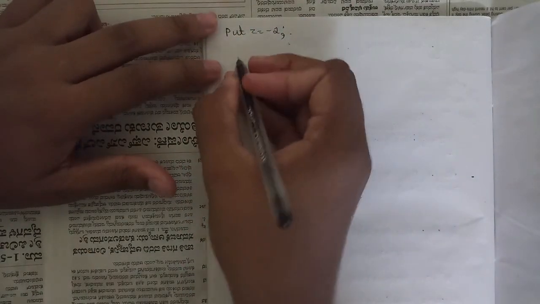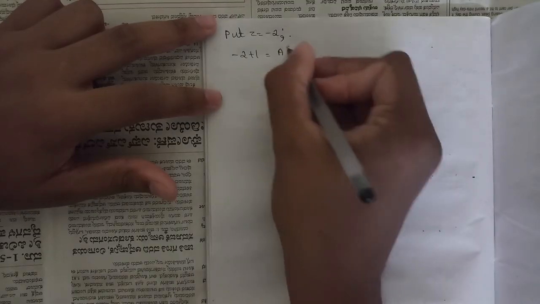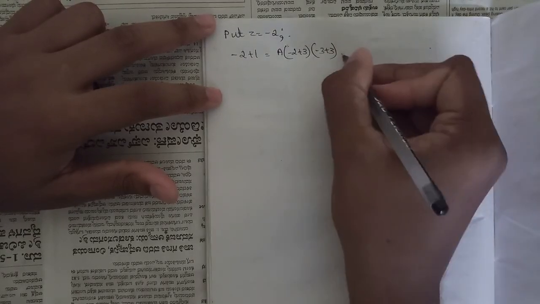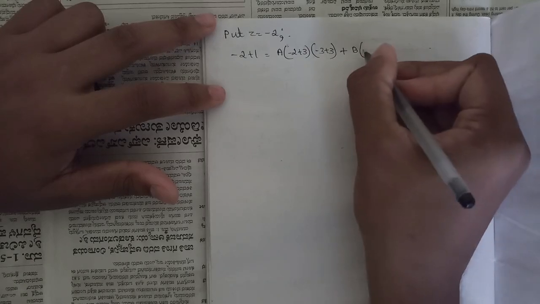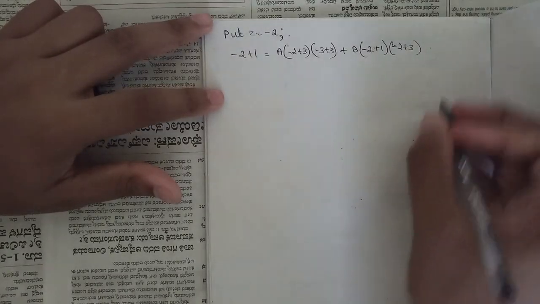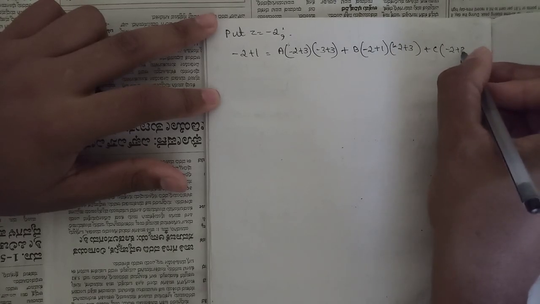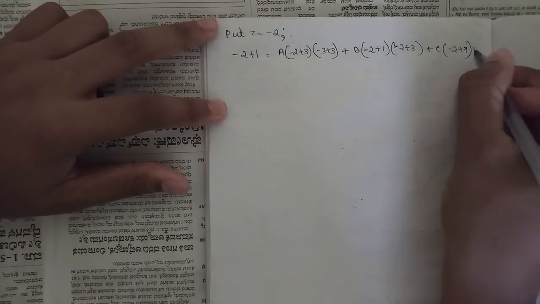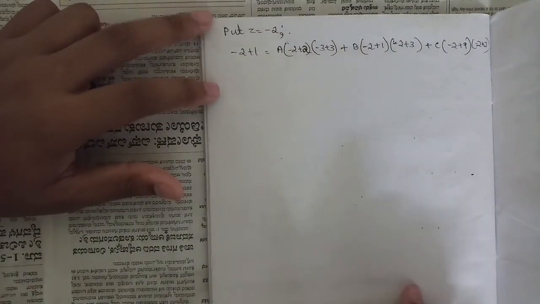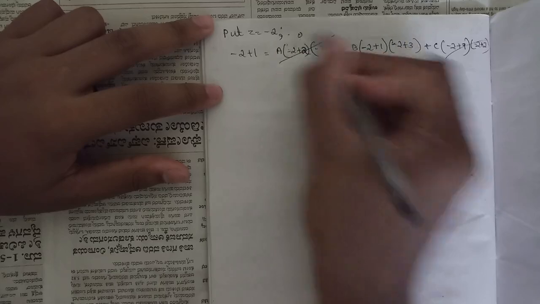So the equation becomes minus 2 plus 1 equal to a into minus 2 plus 3, minus 3 plus 3, plus b into minus 2 plus 1, minus 2 plus 3, plus c into minus 2 plus 1 into minus 2 plus 2. So this is equal to 2. Okay.